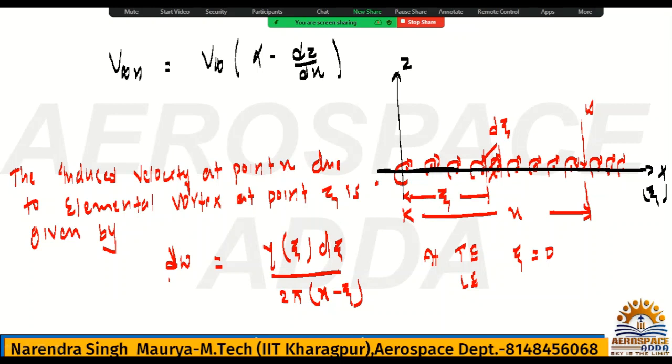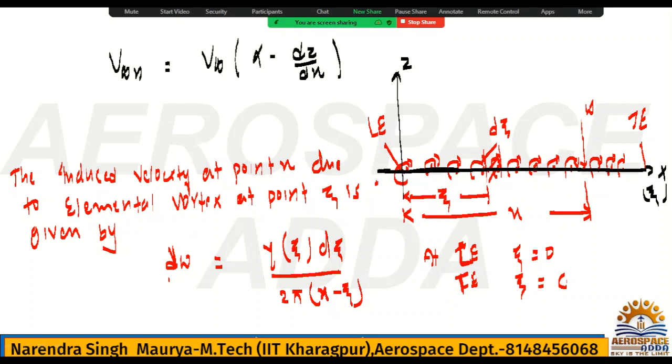At zeta started from leading, this is the leading edge, sorry, and this is somewhere the trailing edge. At leading edge zeta will be 0, at trailing edge zeta will be c. Yes or no? Chord length.